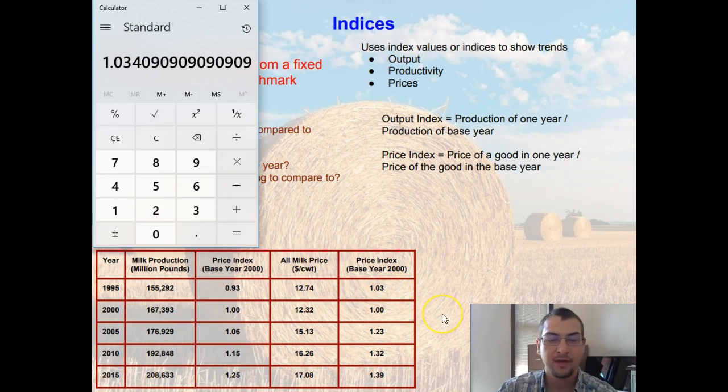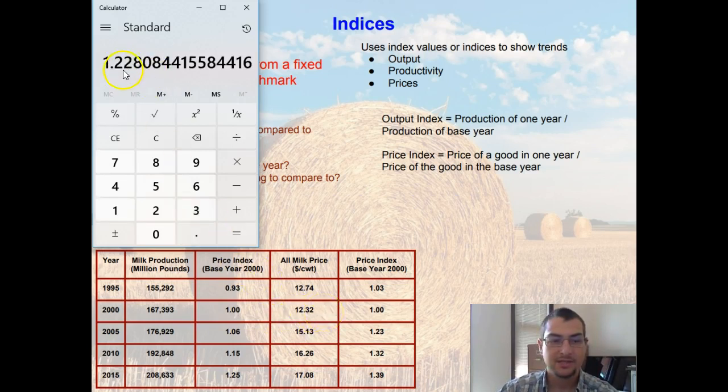Let's compare the price of milk in, say, the year 2005. The price of milk in the year 2005 was, sorry, it wasn't $1.23, it would have been $15.13. We compare that back to the price of milk in the base year, which was $12.32.